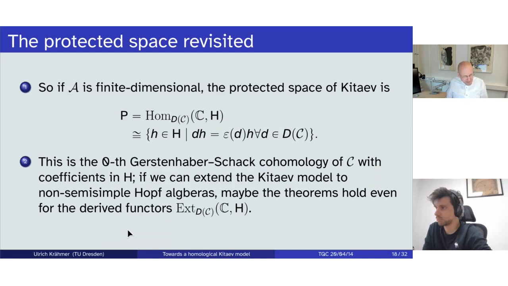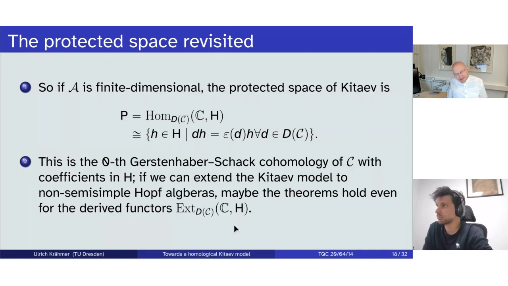And if you deal with semi-simple Hopf algebras, that's all there is to say, because semi-simplicity implies that all the higher cohomology groups are zero, hence not so interesting. But if we could extend the Kitaev model to non-semi-simple Hopf algebras, then you could also look at the derived functor, the full Gerstenhaber-Schack cohomology of the Hopf algebra C with coefficients in this extended Hilbert space, and this would give you an invariant of non-semi-simple Hopf algebras.